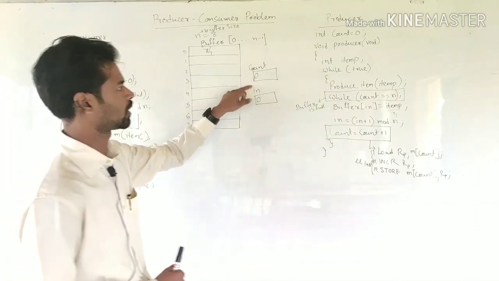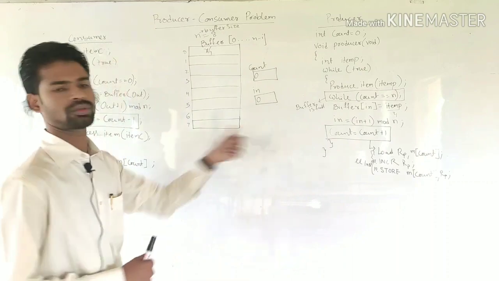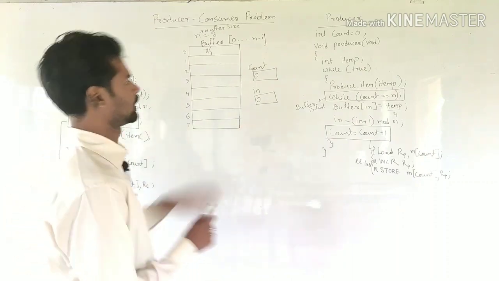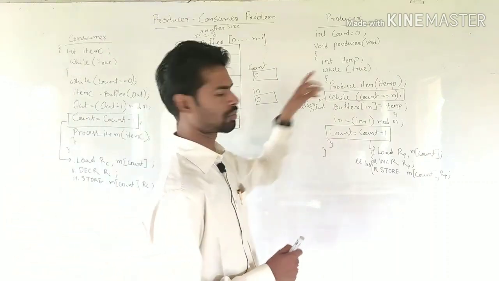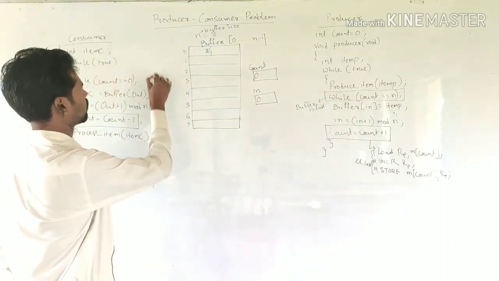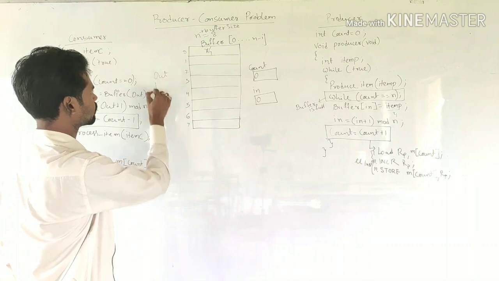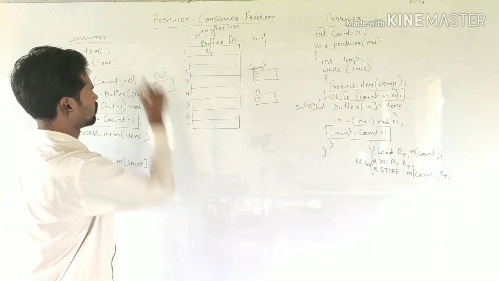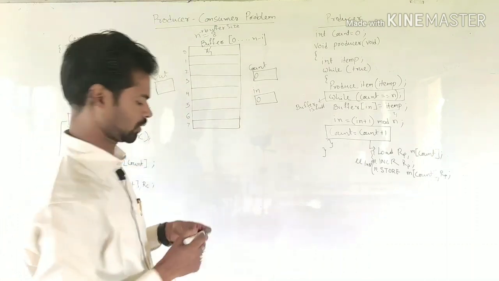Count variable is a global variable shared by both processes, and in is a variable used for the producer process, and out is another variable used for the consumer process.